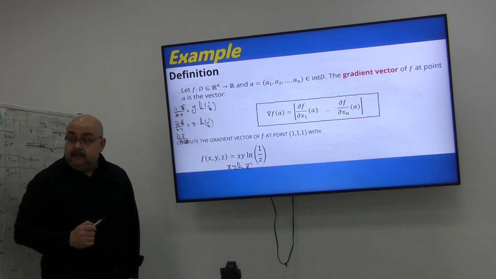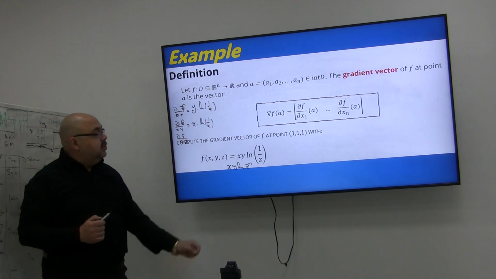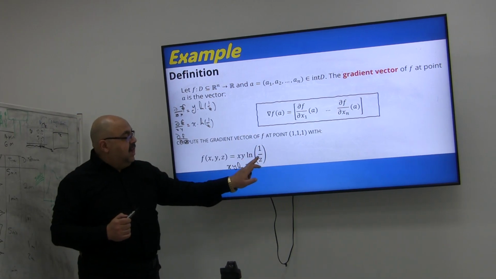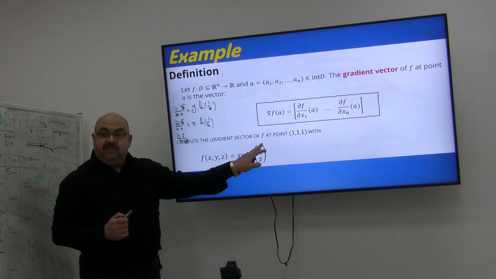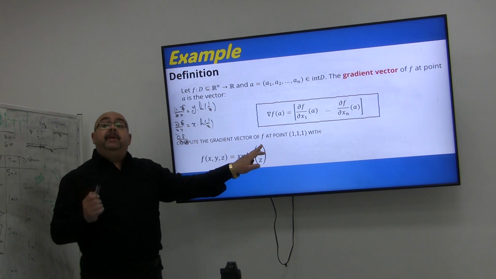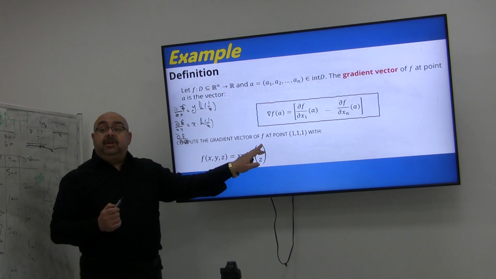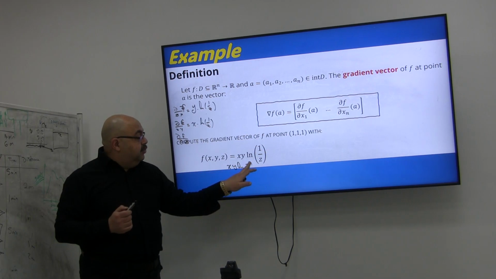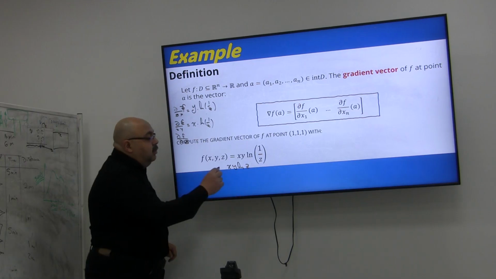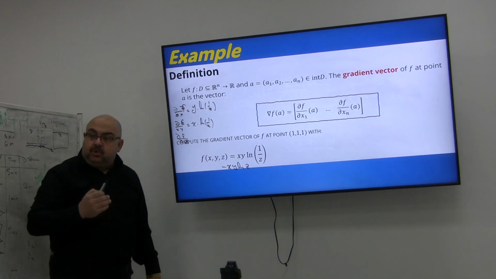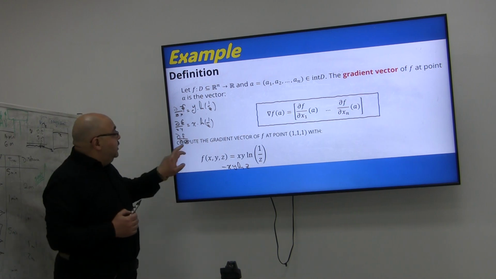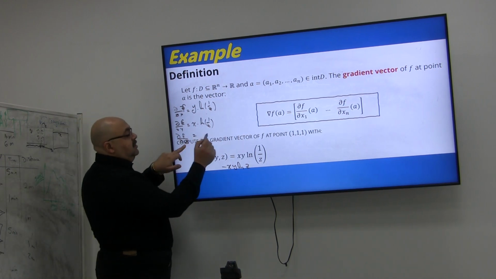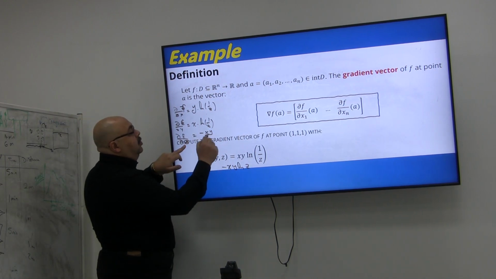Is it possible? Yes, of course, because instead of 1 over z, I can treat it as z to the power of -1. From the properties of the logarithmic function, the -1 can be put outside. So it's negative xy times ln z. Differentiate with respect to z, it's going to be negative xy over z.